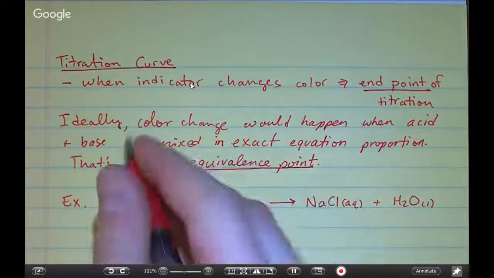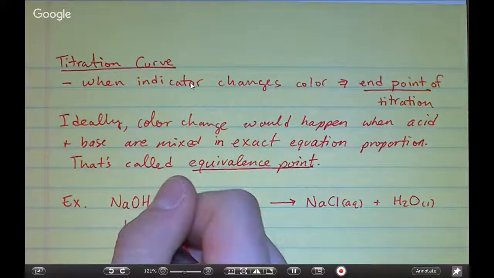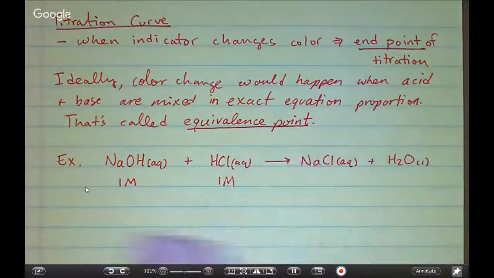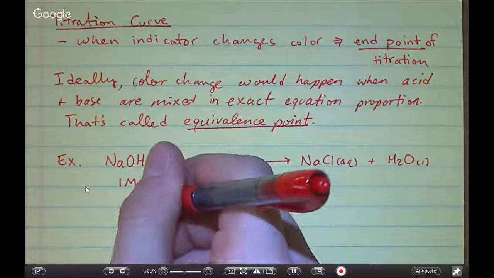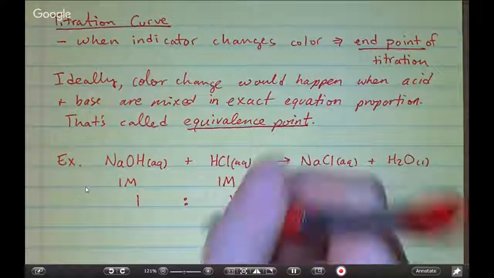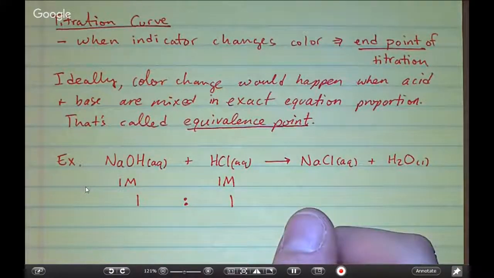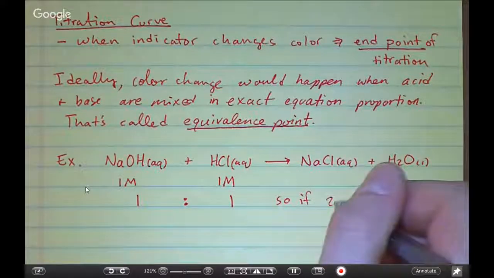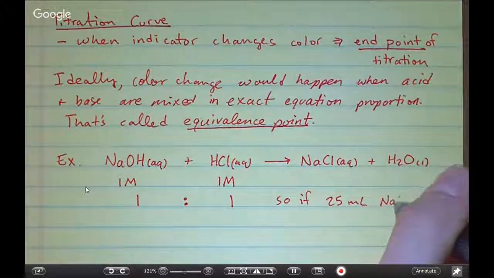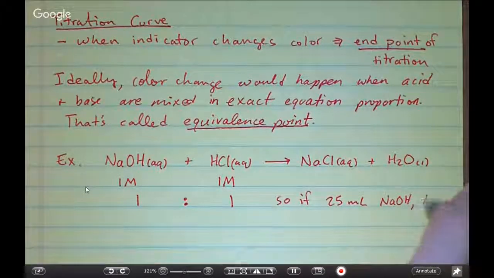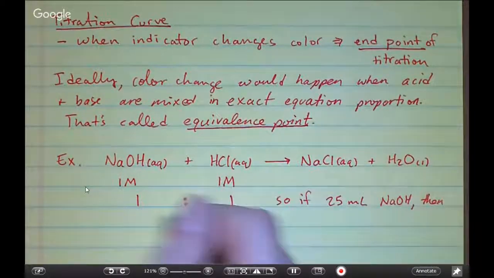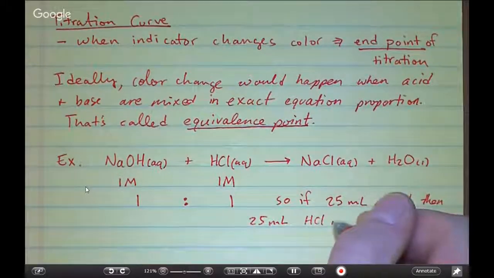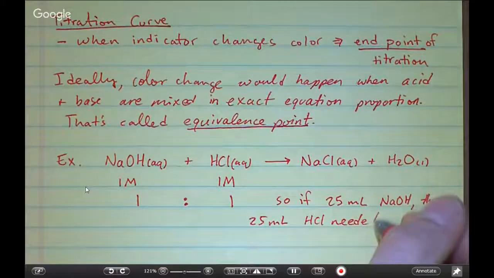Okay. So ideally, if we have 1 molar NaOH and 1 molar HCl, what we see is that we have a 1-to-1 equation proportion, or a 1-to-1 relationship. So if 25 milliliters of sodium hydroxide are used, then we would expect 25 milliliters of HCl needed to reach that equivalence point.